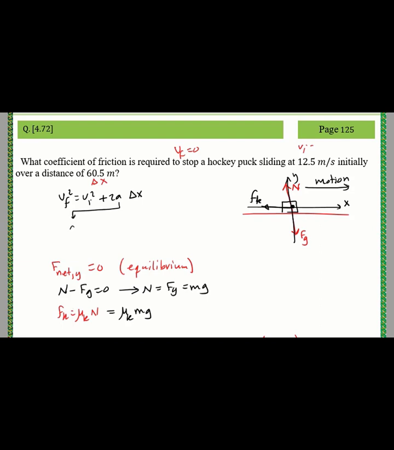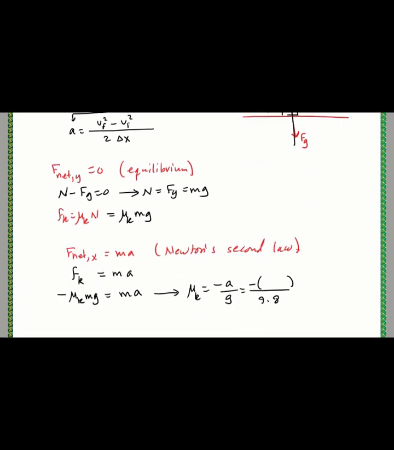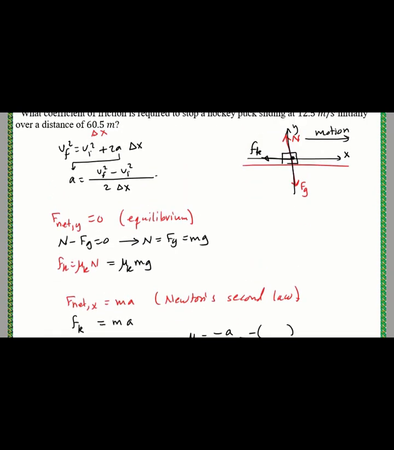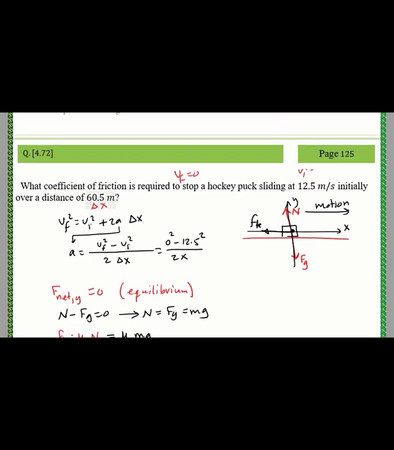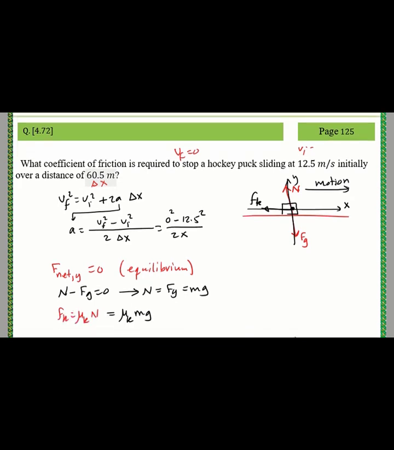Isolate the acceleration: it should be V final squared minus V initial squared over 2 delta x. Find its value. V final is 0, V initial is 12.5 squared, and the delta x is 60.5.